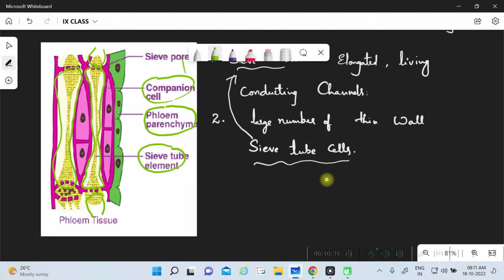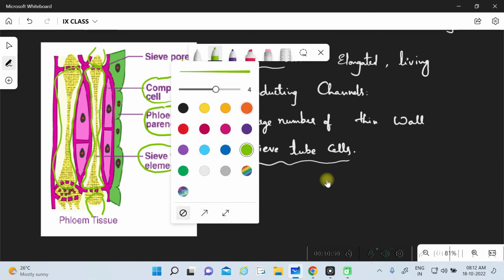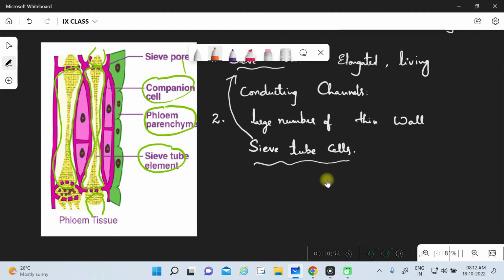Big sieve tubes, or conducting elements, are formed by the union of sieve tube cells end to end in a linear fashion. That is how a sieve tube is normally formed. If you look at the transverse section, you see the transverse end walls between adjacent sieve tube cells.